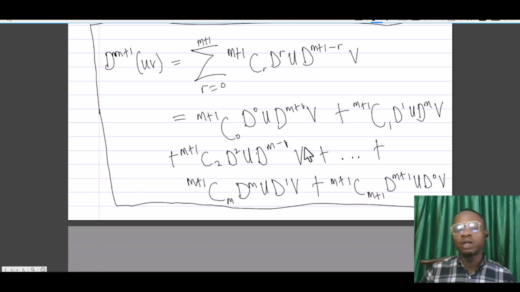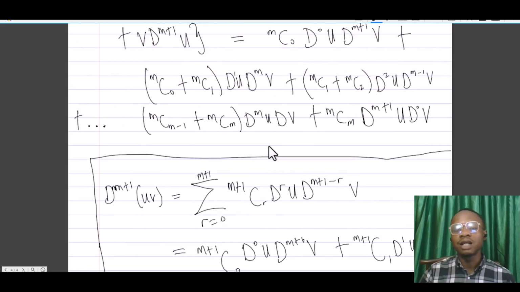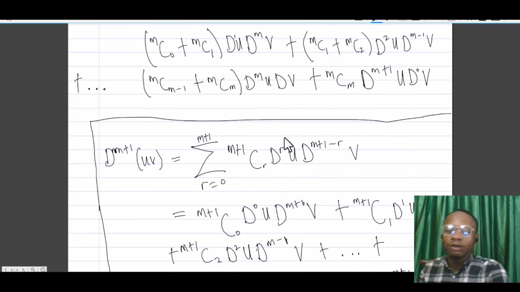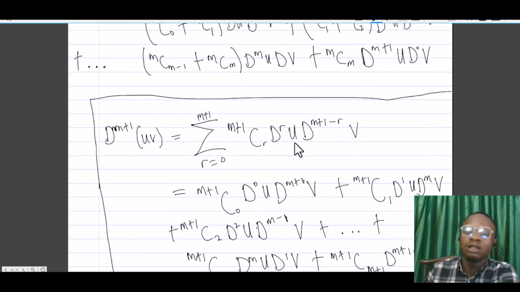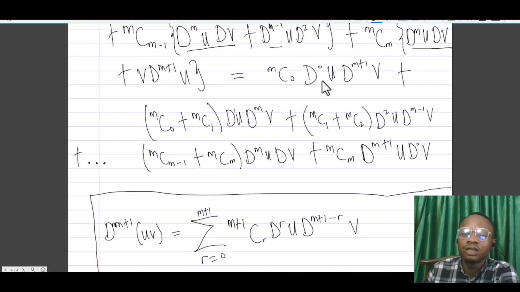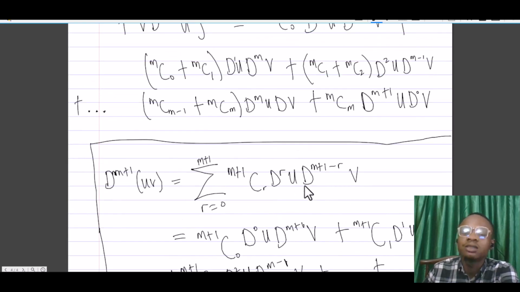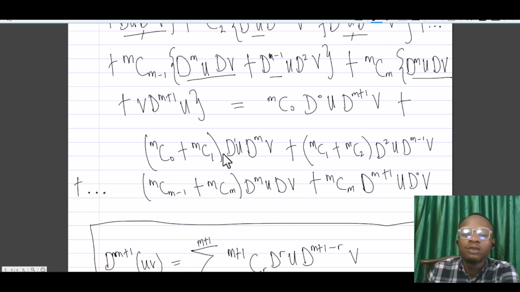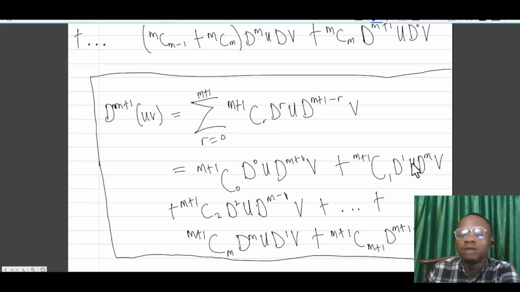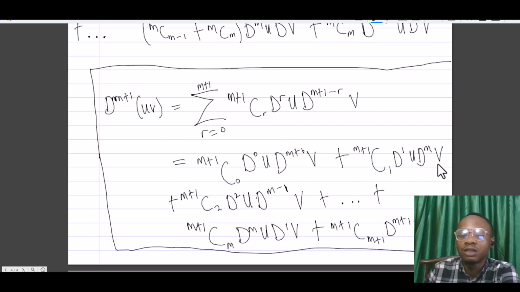So by what we have done so far, we can see that we have something similar to this, in that for the powers, look at the first term now. For the first term, we have the 0 u, the (m+1) v. So that is exactly what we have here, the 0 u, the (m+1) v. So that is correct. The next one is the 1 u, the m v, and we have that here, so that is correct also.